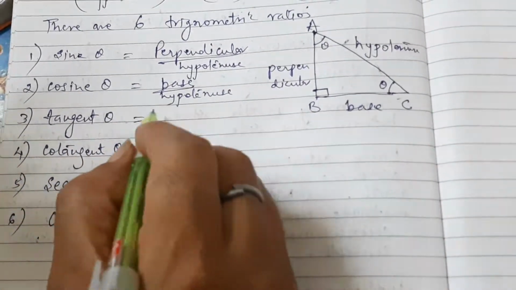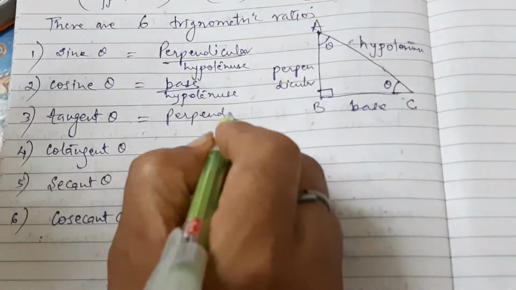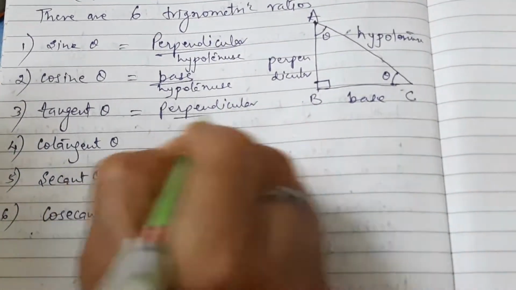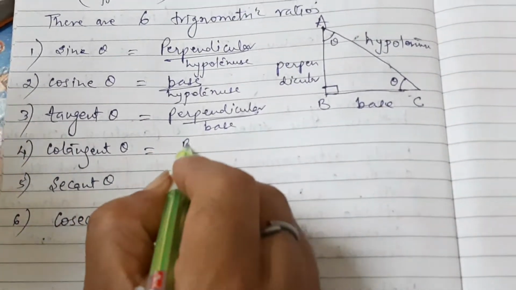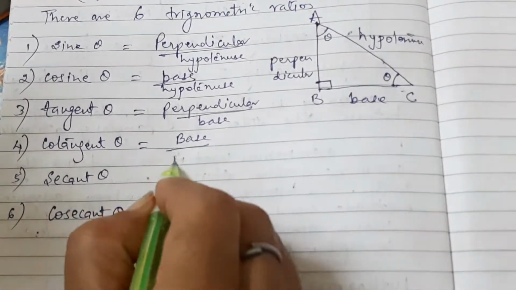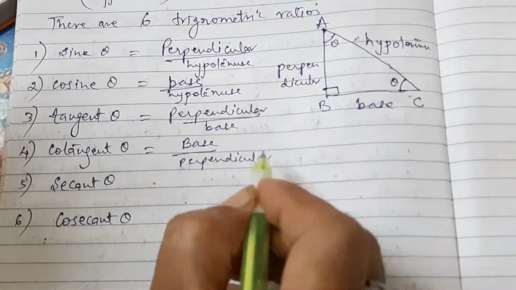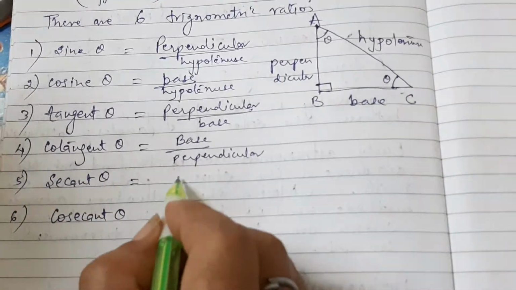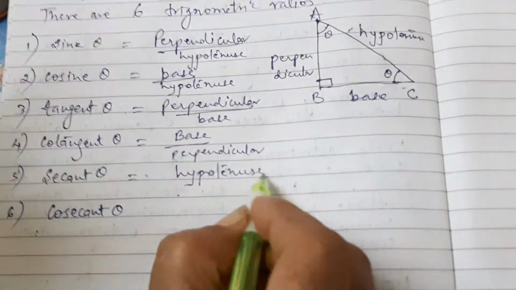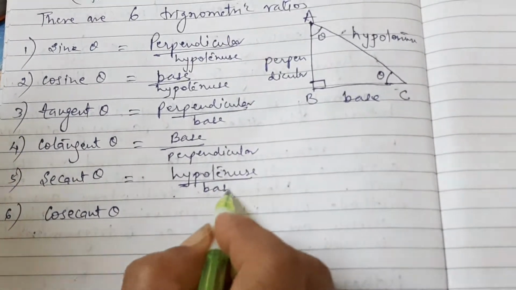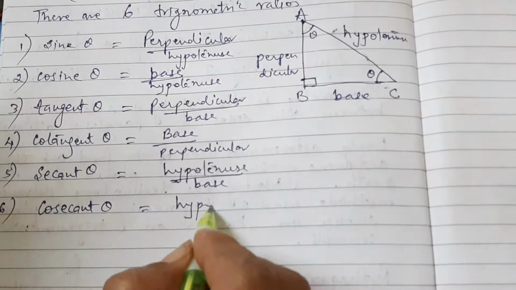Formula of tangent theta is perpendicular upon base. Formula of cotangent theta is base upon perpendicular. Formula of secant theta is hypotenuse upon base, and formula of cosecant theta is hypotenuse upon perpendicular.